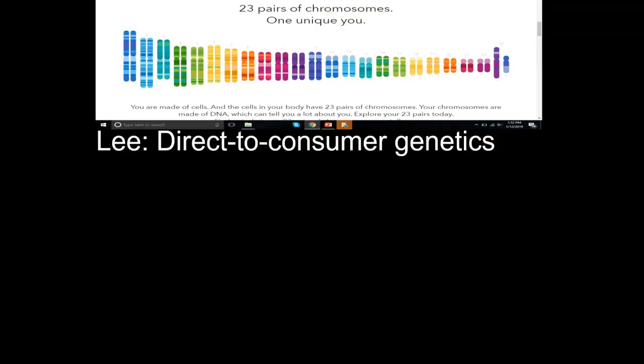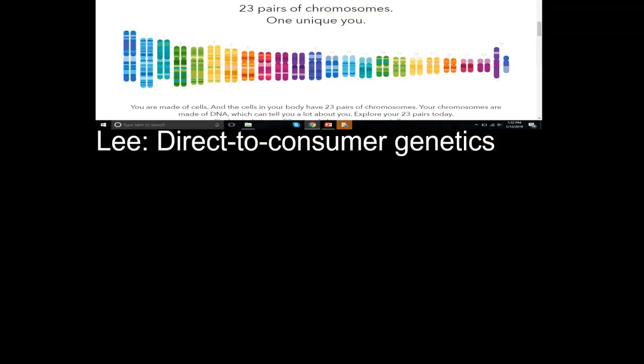It's services like 23andMe, for example, where, and some of you may have done this at some point or known people who've done it, you basically spit in a tube and send a sample of your DNA to this company and they do a genetic profile, which can tell you things about a variety of aspects, including things like your heritage, but can also give you a genetic profile of your health status, right?